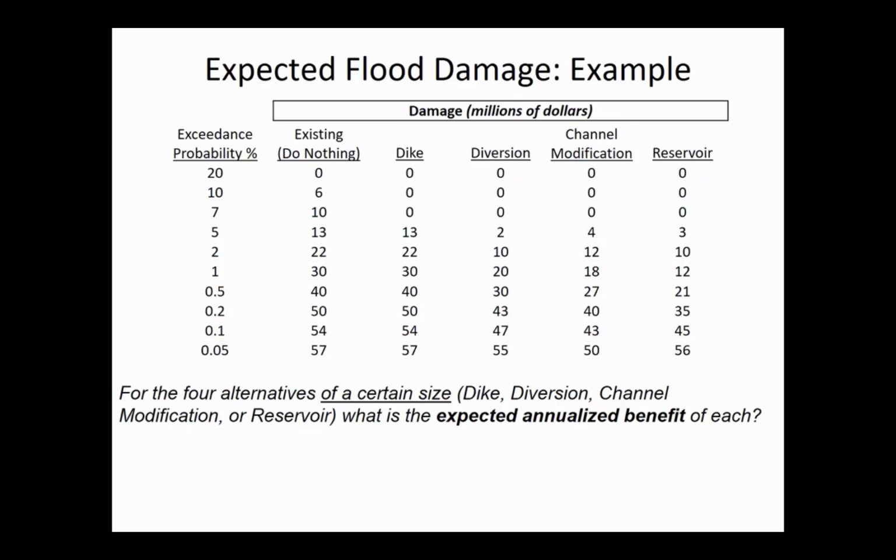Now, one of the things that we don't see immediately is, think about the 1,000-year storm. That 0.1 exceedance probability is the 1,000-year storm. Well, $54 million is a lot, but there's only a 1 in 1,000 chance that's going to happen. And so on an annual basis, the threat of that 1,000-year storm is pretty small, because the risk is spread out over 1,000 years. So when we go through these calculations, we're going to see it's not these really rare big events that threaten us the most on an annual basis.